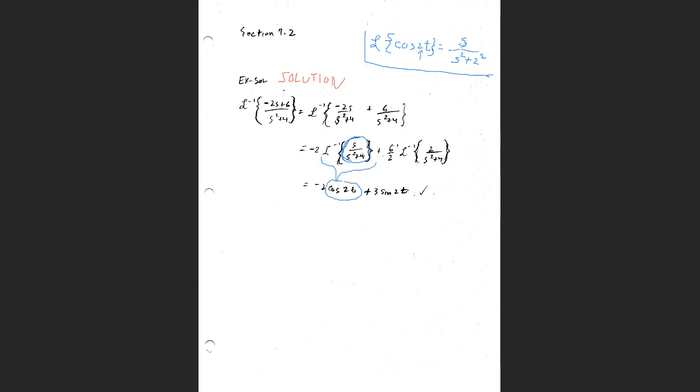It's all because the Laplace transform of the cosine of 2t is equal to s over s squared plus 4. Therefore, the inverse Laplace transform of s over s squared plus 4 would be cosine of 2t.